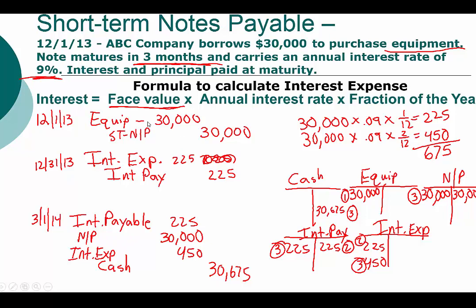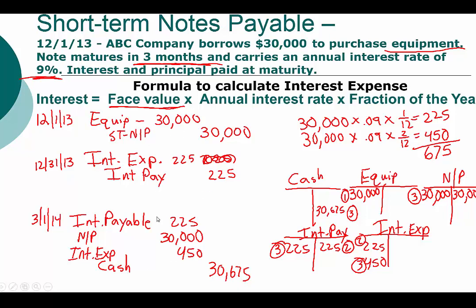Then we can close out the note payable, what we owed, and pay that off. Last but not least, we'll pick up the actual interest expense for those final 2 months, which causes us to outlay the total of this, because we owed that interest for December. We owed the full principal for the note of $30,000, and then the current 2 months from January to February to March 1st, interest expense is $450, so our cash outlay is $30,675.